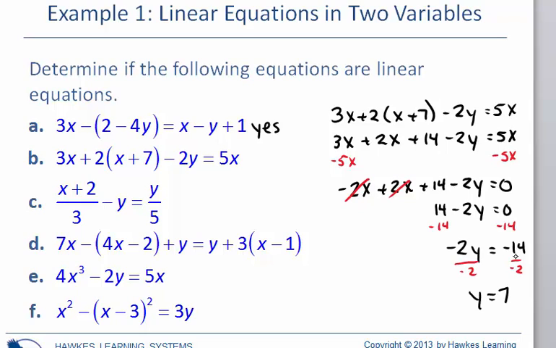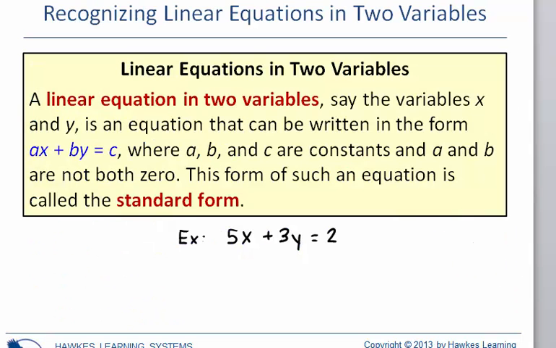Let's go back and look at our definition for just a second. Our example is y is equal to 7. And so does this fit the standard form? In this case, the a value, the number in front of the x, is a 0. The b value, the number in front of the y, is a 1.